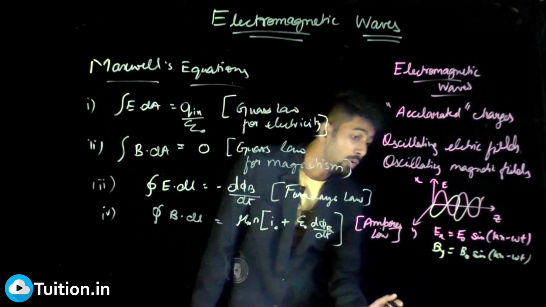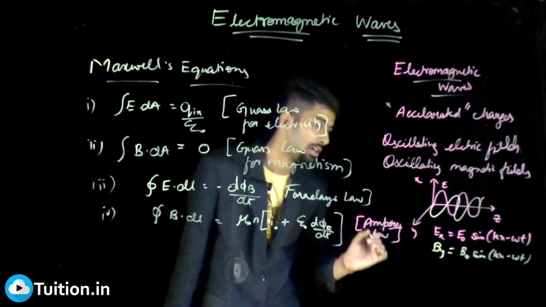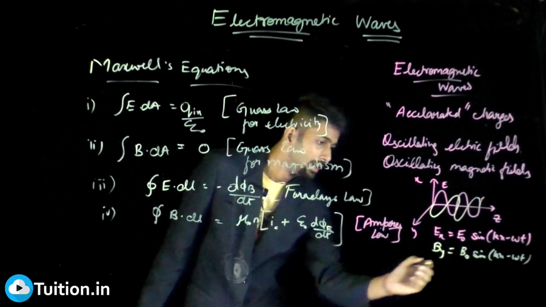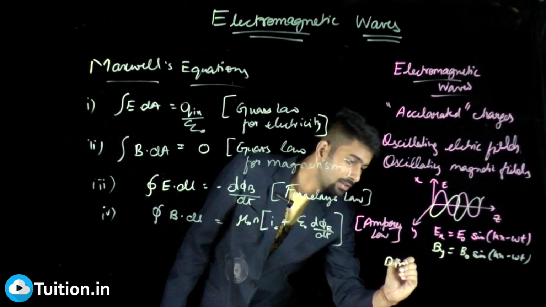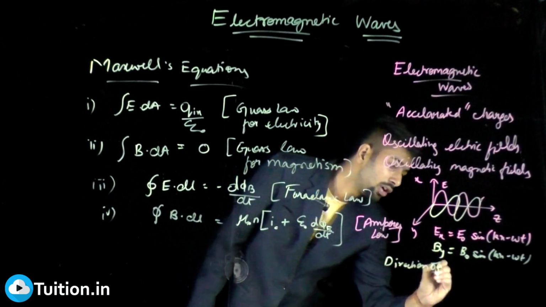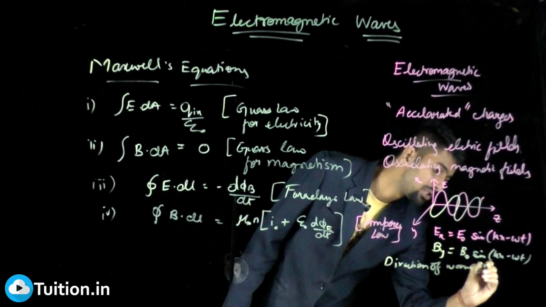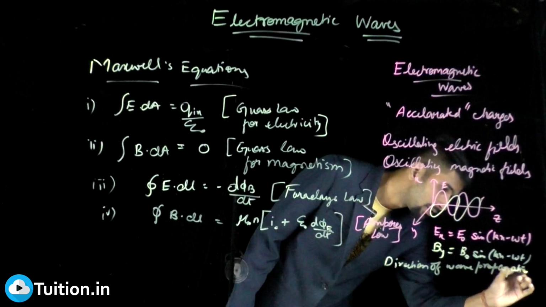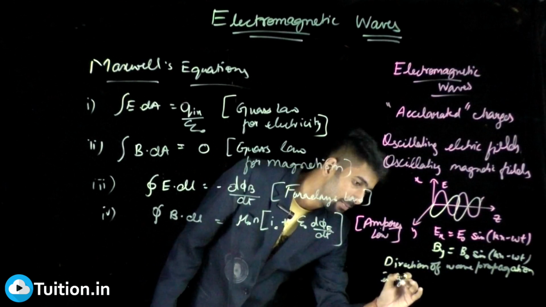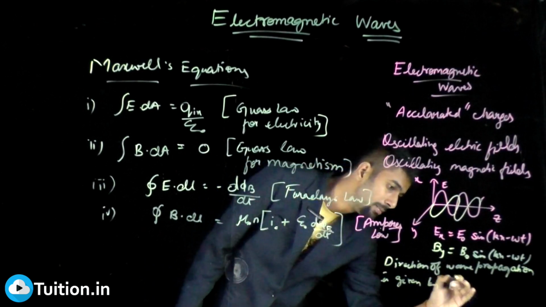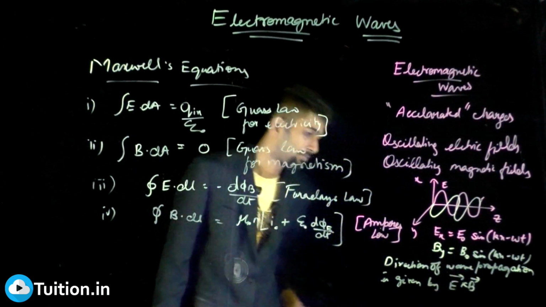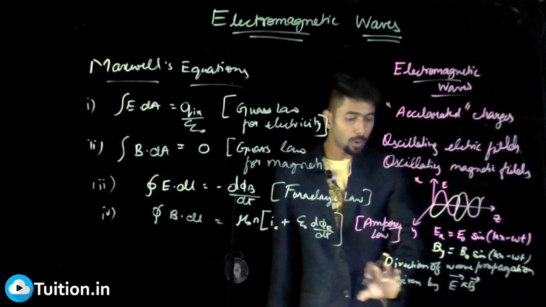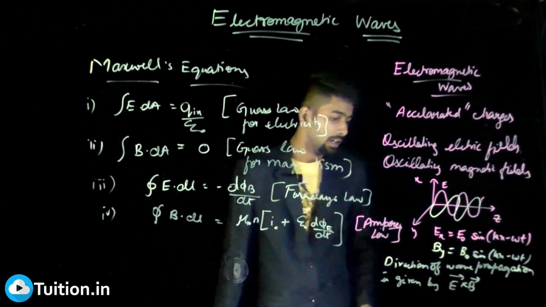If you want the direction of motion of the wave, the direction of wave propagation is given by E bar cross B bar.